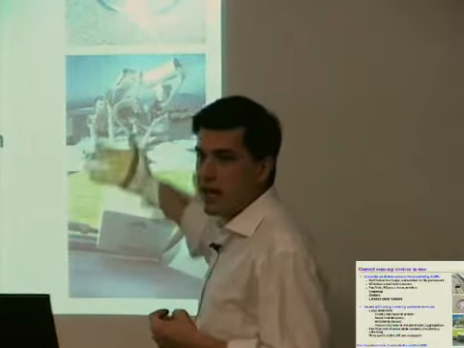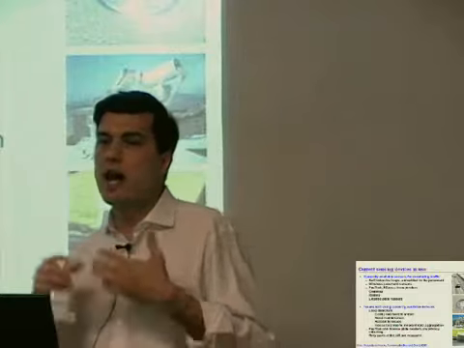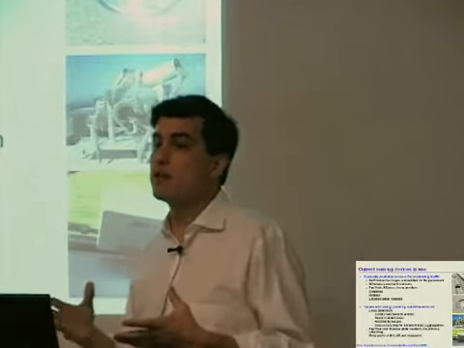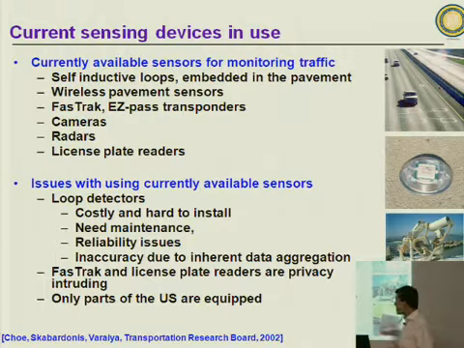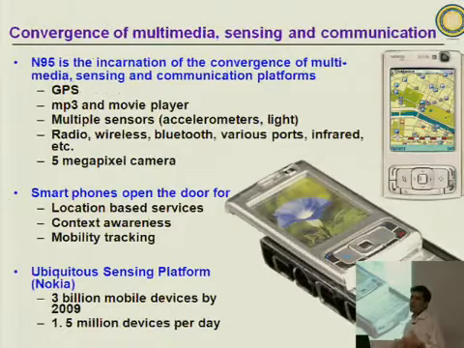The commonality of this technology is that it's either extremely expensive to deploy, because you have to embed the sensors in the pavement, or it's very specific. If you live in Nebraska, there is no EZ Pass, there is no FasTrak, so this just doesn't exist there. And that gives the cell phone an unprecedented opportunity to provide an alternate source of data.